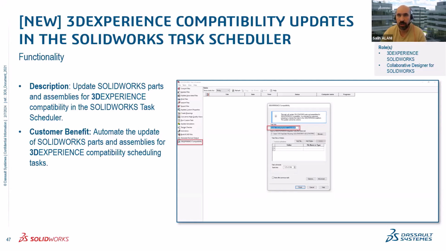So you can imagine if you have a large data set and you would like to push it through the batch save, right? What you can do is take the entire data set that you have, a bulk of that data, point it to that task, and run it through the task scheduler to update all of these files to be compatible on the 3D Experience platform.